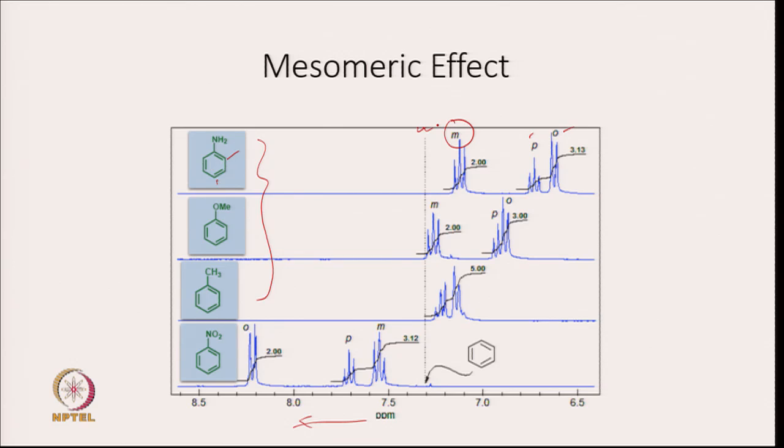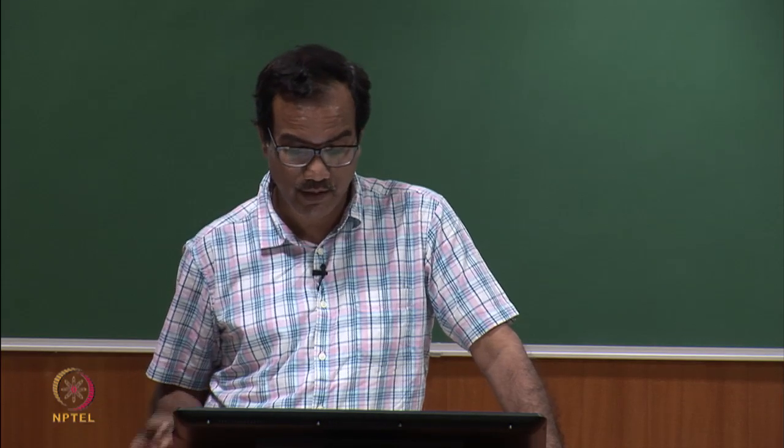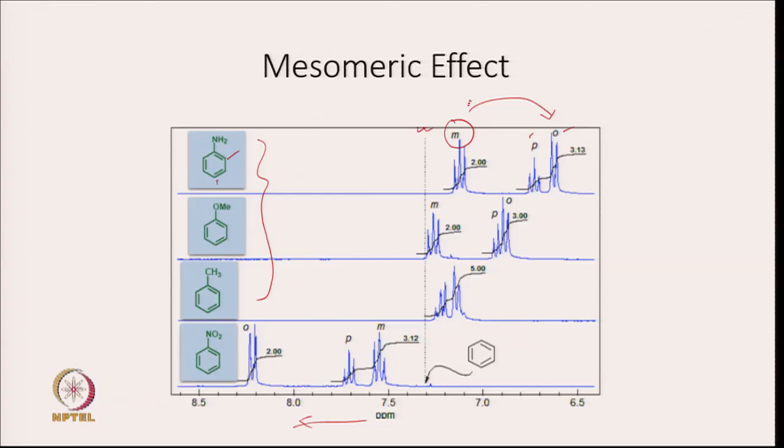The proton at the meta position is going to be of highest chemical shift among all these three protons. Same is the case with the OCH3 group, and you can see ortho, para, and then meta. So this is the effect of the substituent on a benzene ring.